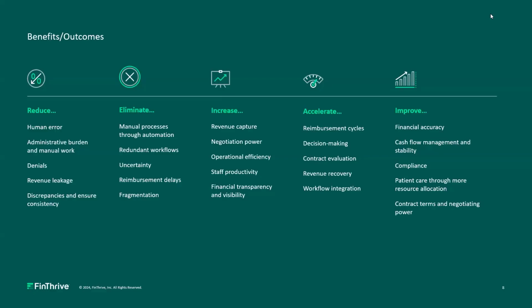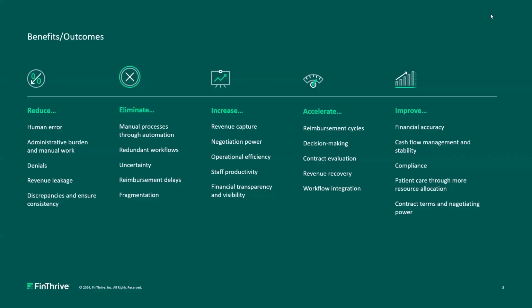I think that is important. Then how do you help staff productivity? How can you track revenue from payment productivity tracking? And then it gives you transparency and visibility. As you start building up to accelerate, how do you accelerate reimbursement cycles, decision making, and contract evolution?